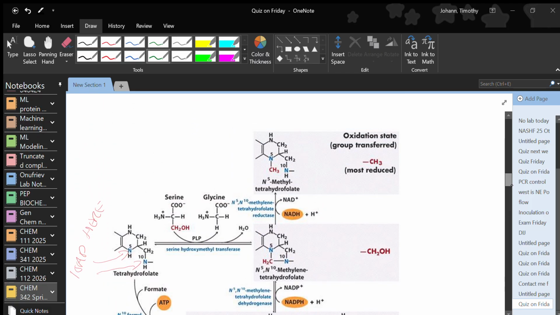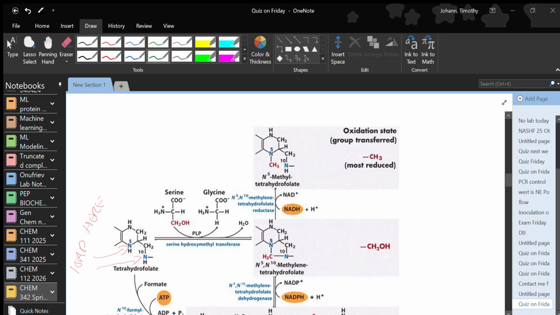If we go up to this part, we end up with our most reduced form up here. This is 5-methyl tetrahydrofolate, and that's important. This is going to be used in the synthesis of nucleotides.